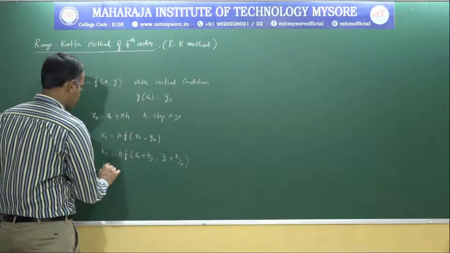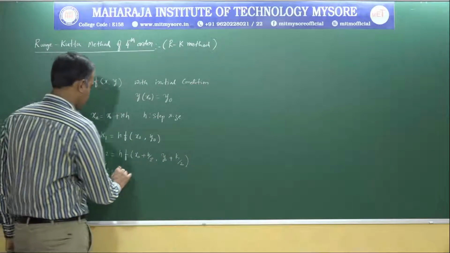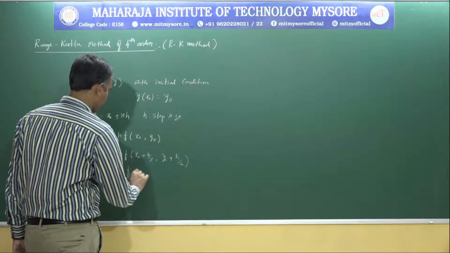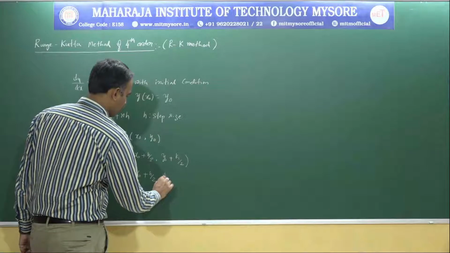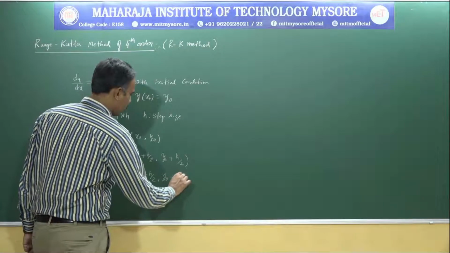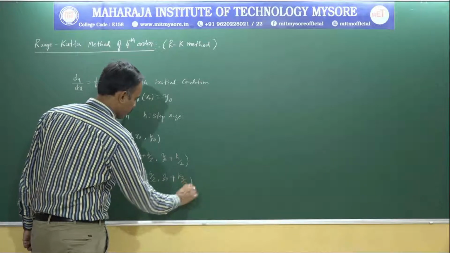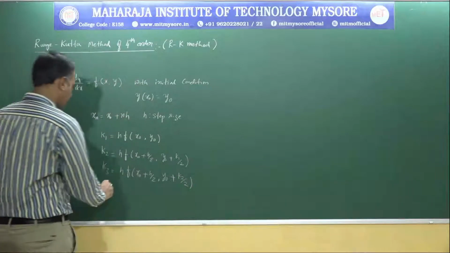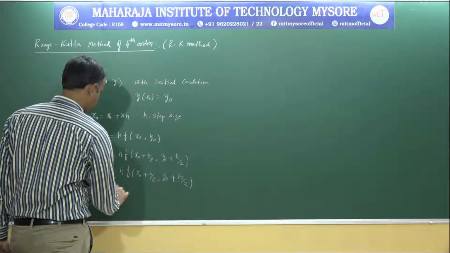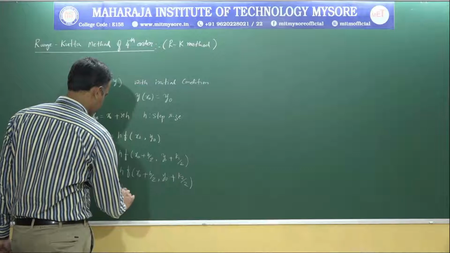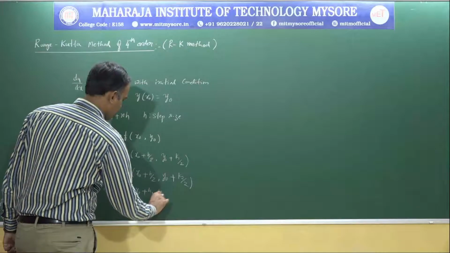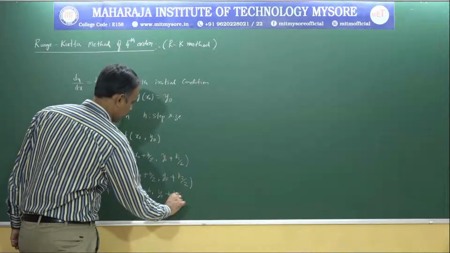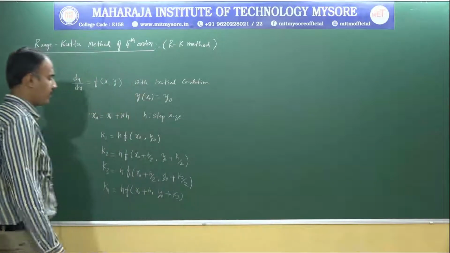The next one, k3, is h f of x naught plus h by 2 comma y naught plus k2 by 2. Another one, k4, is h f of x naught plus h comma y naught plus k3.